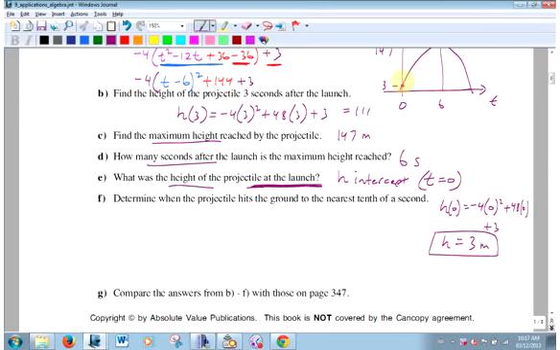When someone hit the stopwatch, time was 0, it was already 3 meters in the air. Okay? Then it got shot up. Does that make sense?